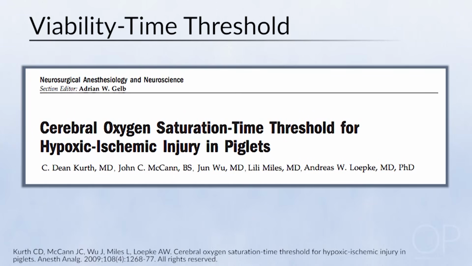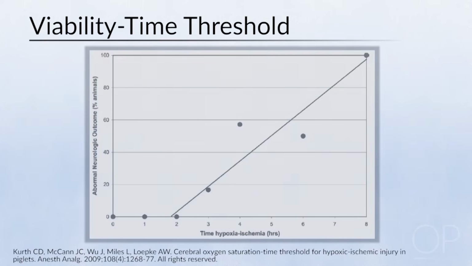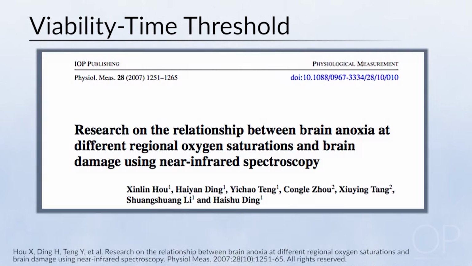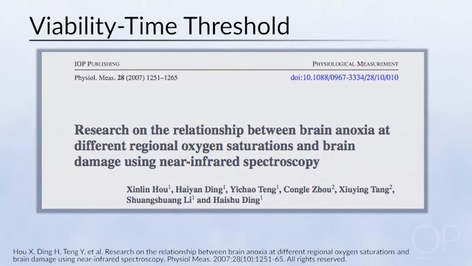Dean Kurth did a follow-up study where the cerebral oxygen saturation was held at 35%, and only after 2 hours were they able to detect neurologic abnormalities in the piglets and histologic damage. Another group of investigators made piglets hypoxic for 30 minutes.